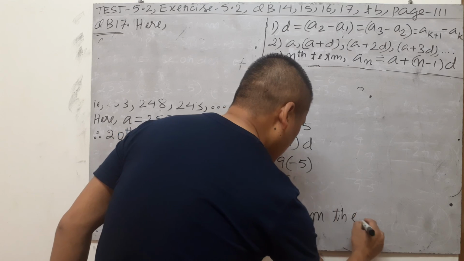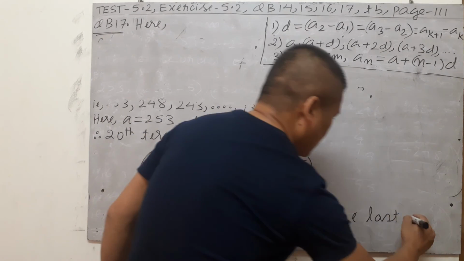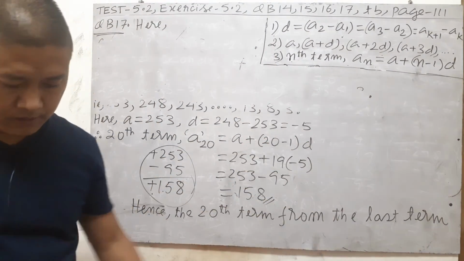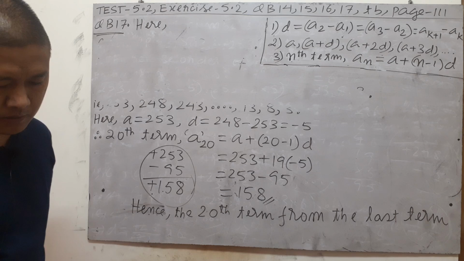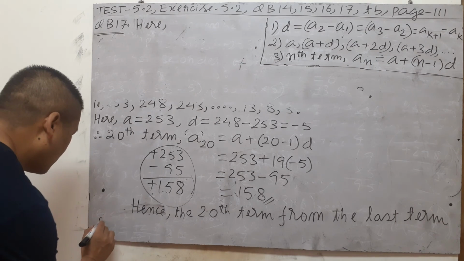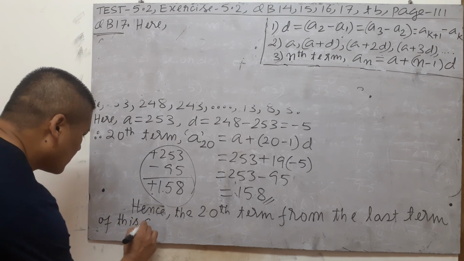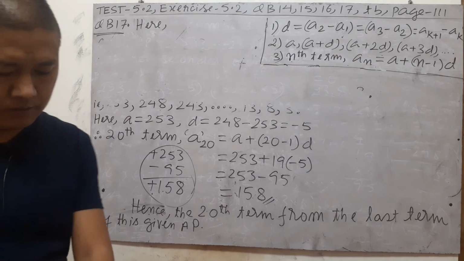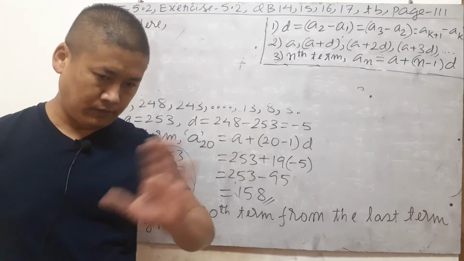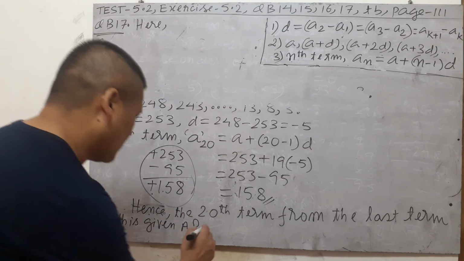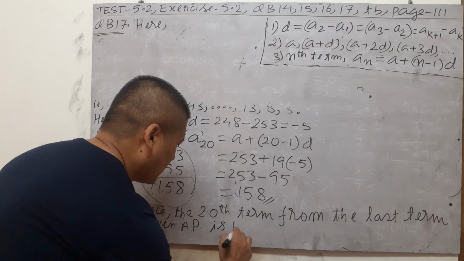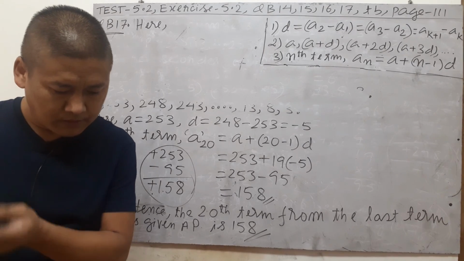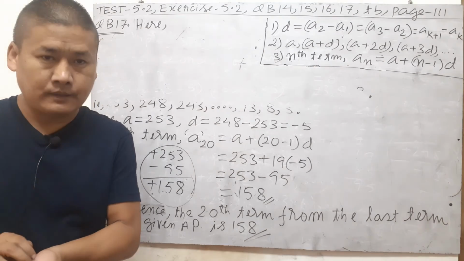The 20th term from the last term means the 20th term of the reverse AP, from the last term of this given AP, that means the reverse of the given one, 3, 8, 13 up to 253, is the value 158. Same as the textbook answer, I think. Yes, I hope you got it right.